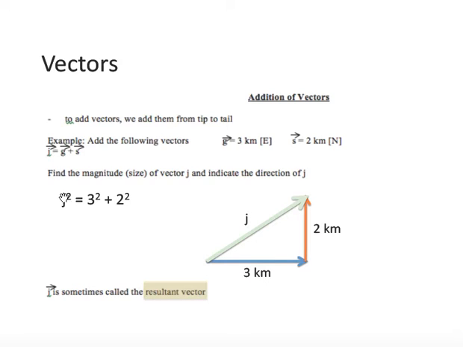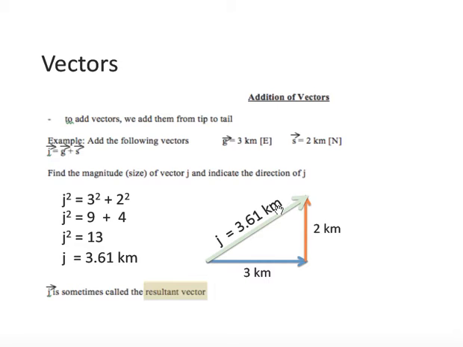Or hypotenuse squared, which is j in this case, equals side squared plus side squared. Working through the math, we end up getting j equals 3.61 kilometers. And so that vector is 3.61 kilometers long.